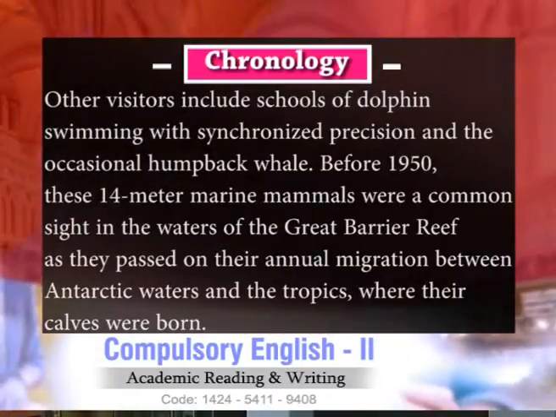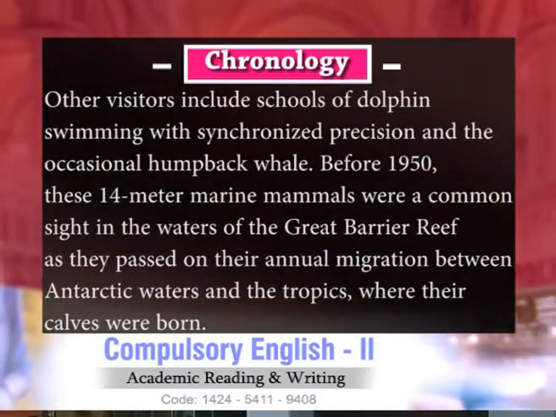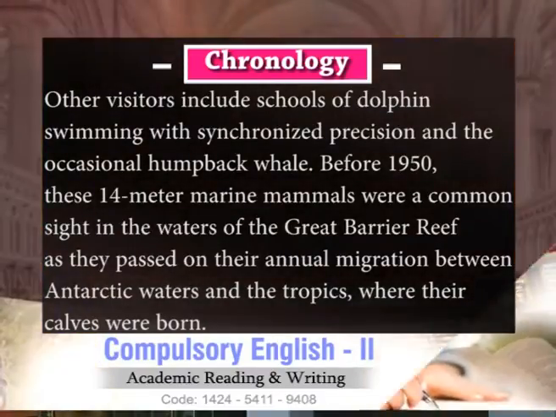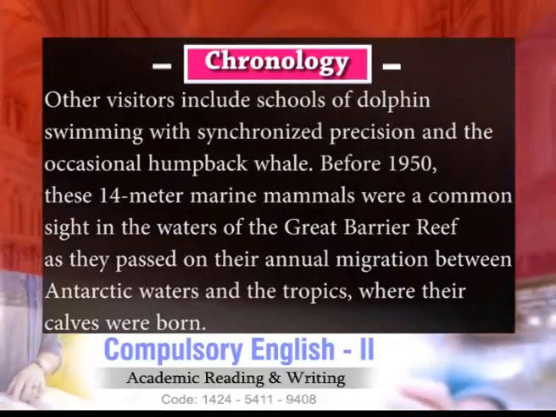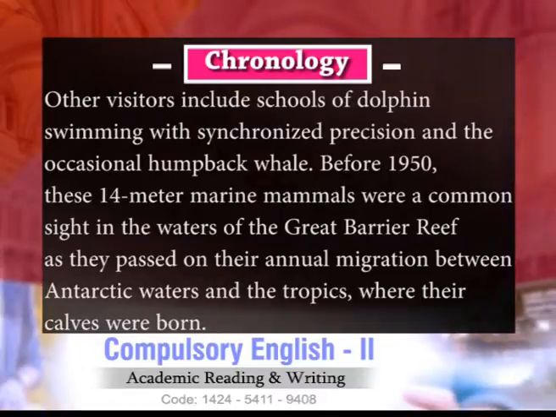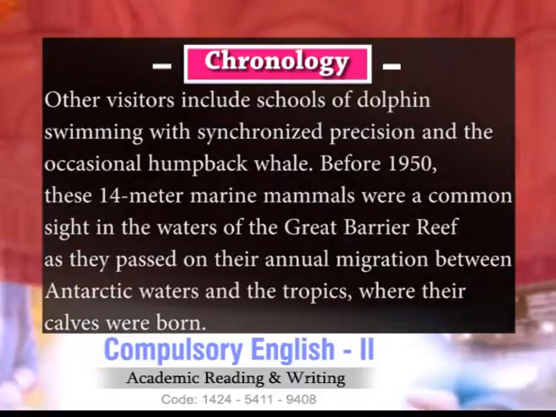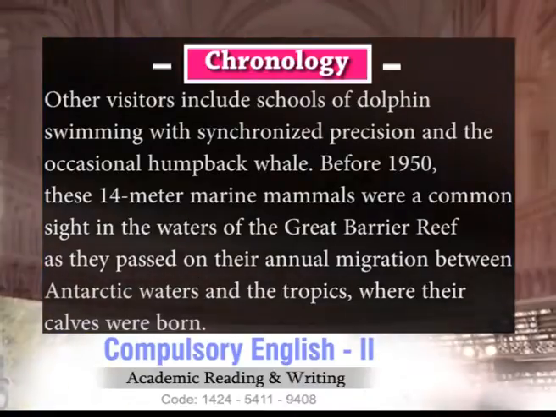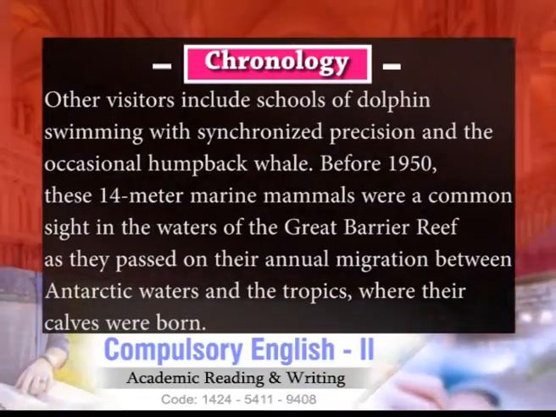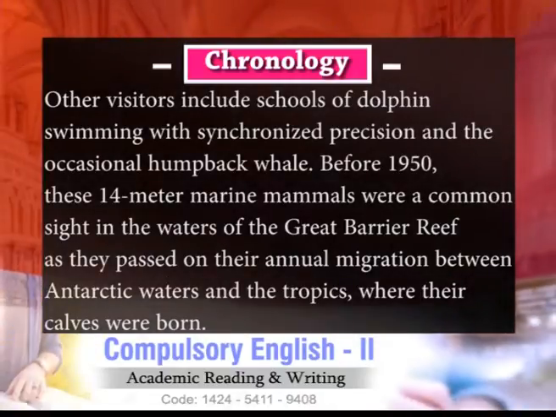It reads, other visitors include schools of dolphins swimming with synchronized precision and the occasional humpback whale. Before 1950, these 14-meter marine mammals were a common sight in the waters of the Great Barrier Reef as they passed on their annual migration between Antarctic waters and the tropics, where the calves were born.